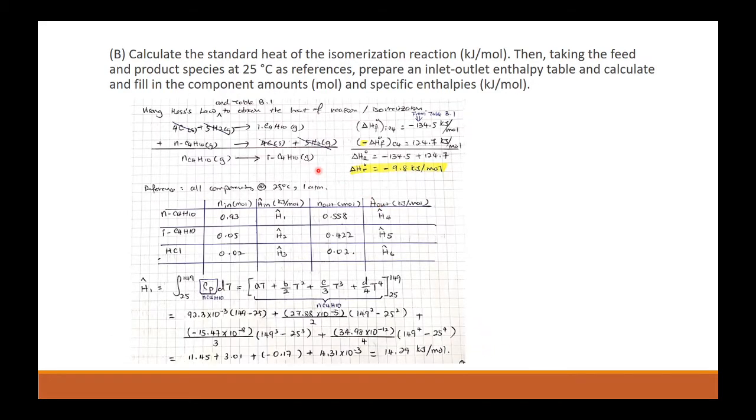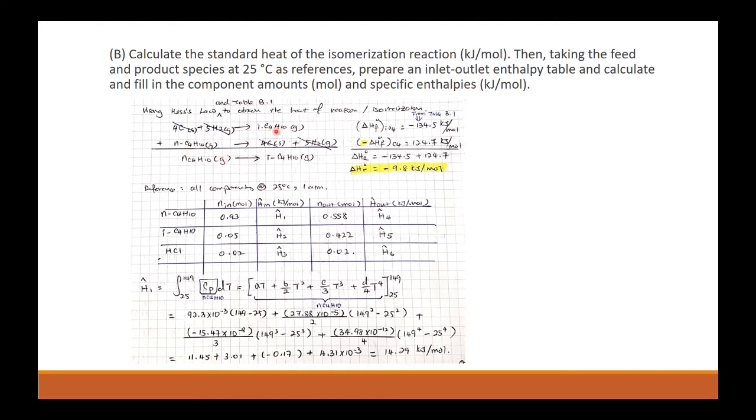Part B. Calculate the standard heat of isomerization reaction, then taking the feed and product species at 25 degrees Celsius as references, prepare an inlet-outlet enthalpy table, and calculate and fill in the component amounts and specific enthalpies. We will use Hess's law and Table B.1 to obtain the heat of isomerization. This is the formation equation for IC4, and this is for NC4.